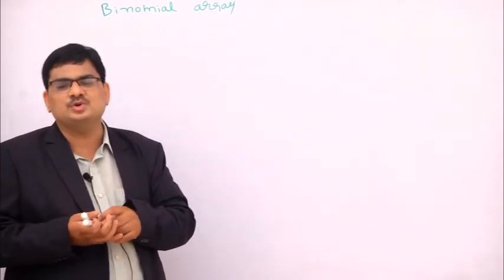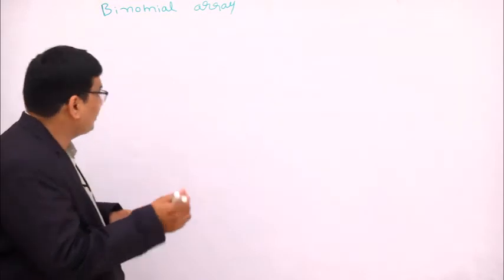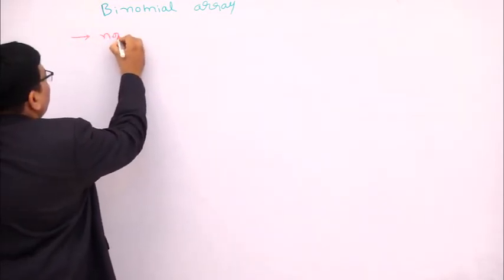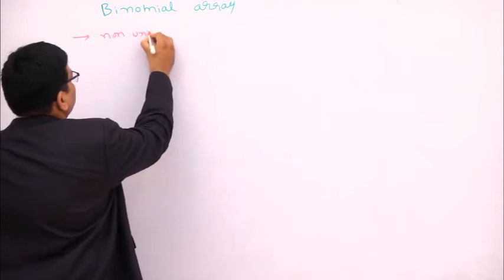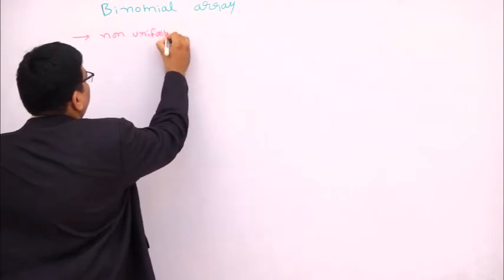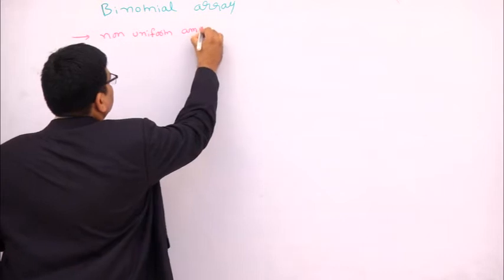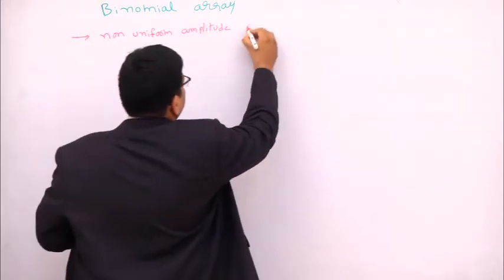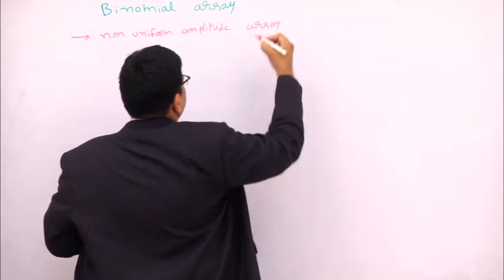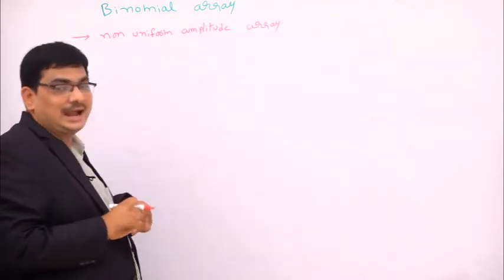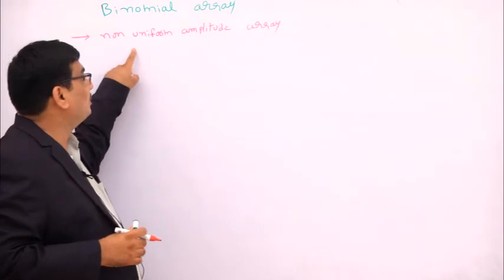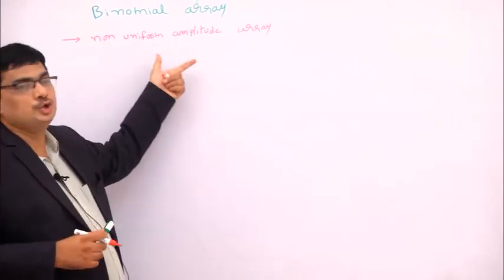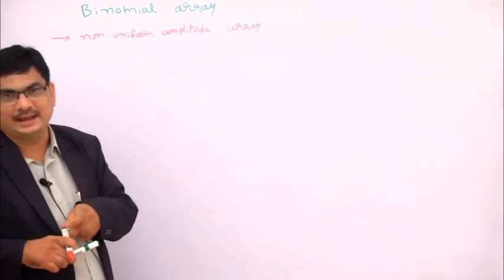So how can we do this? The first step is that a binomial array is a non-uniform amplitude array. In the previous case, all the elements are isotropic elements having equal amplitude, but in the binomial array it is a non-uniform amplitude array.